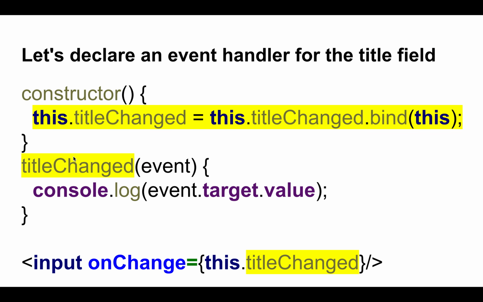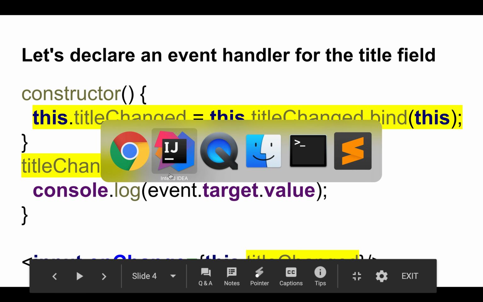We bind the function of the meaning of this to its original meaning at the constructor level. So when we instantiate, this is really tied to the class, to the current instance. And so we are binding it and saying, hey, function, remember that this means the instance of the class, not the function. So let's bind that.